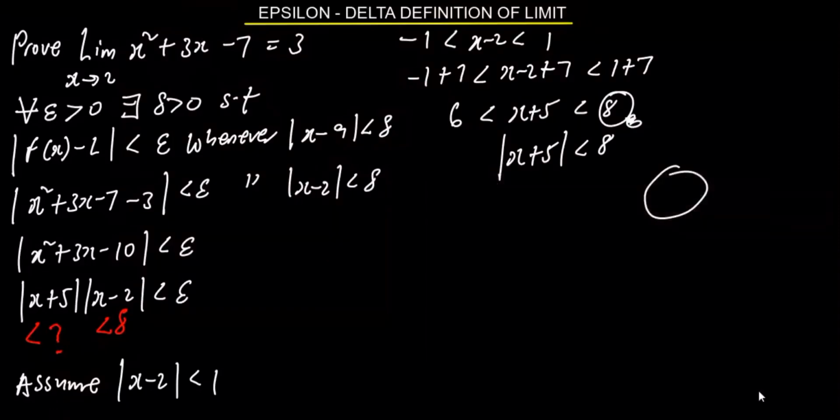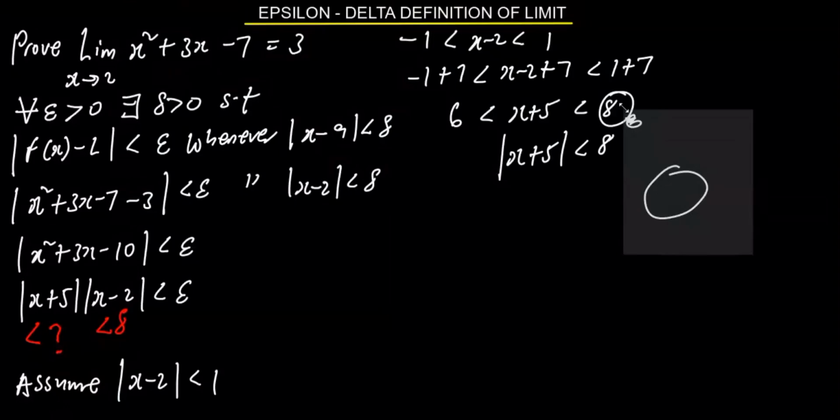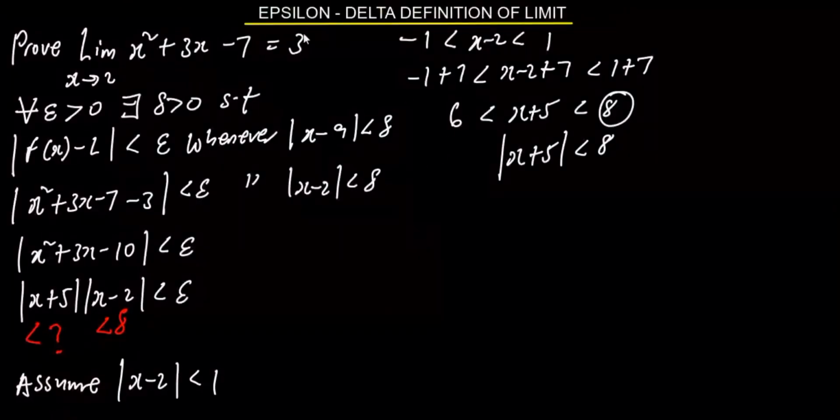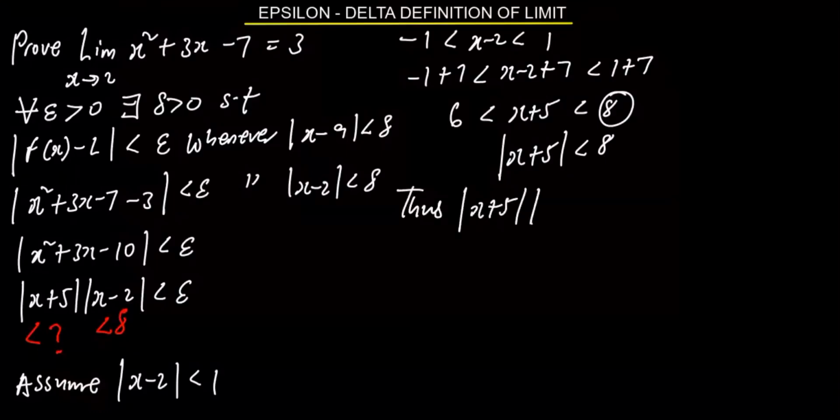Now, after solving this, what will I do? Okay, see what I have here, less than 8. It means that this is less than delta, also this is less than 8. So I can say absolute value of x plus 5 times absolute value of x minus 2. Remember, is less than epsilon. X plus 5 is less than 8.